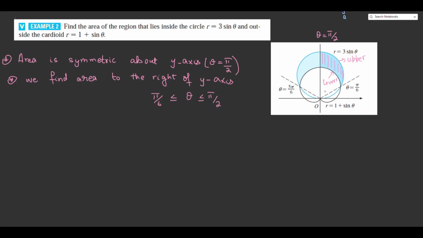But suppose the figure is not given to you. Then how can you determine which one is the upper curve and which one is the lower curve?